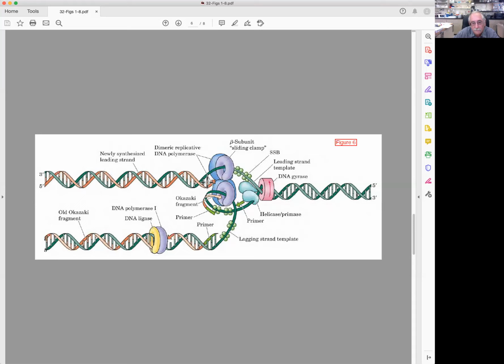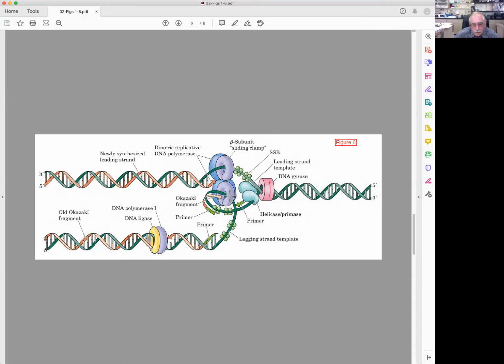See that? Now look at the other side. This was the 3', right? So now you had to go in this direction. See that arrow right there? So when this is open, it's easy to see that, oh, DNA polymerase starts here and it goes from the 5' to 3' direction.